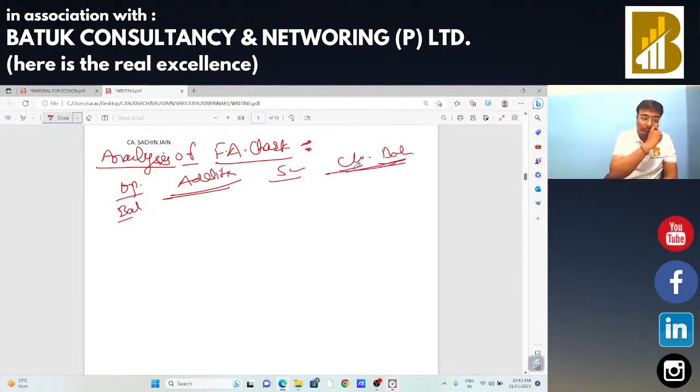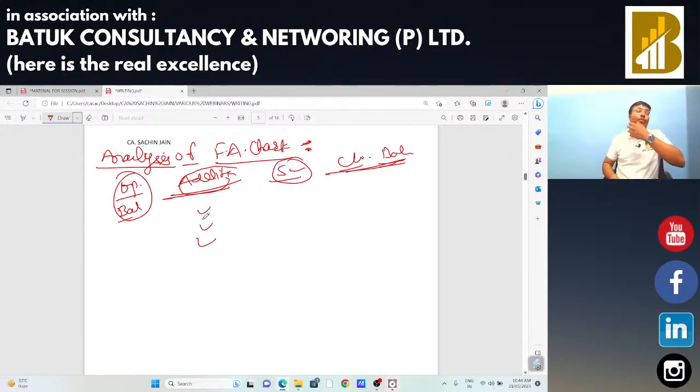Okay, this type of situation is there. What you need to do: opening balance is there, addition is there, sales is there, and closing balance is there. If there is any type of addition, in that case you need to check.